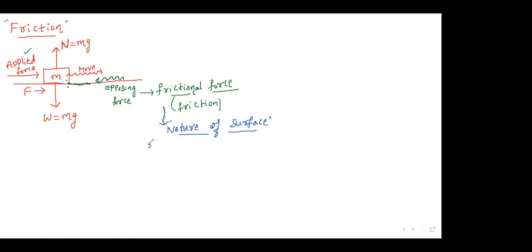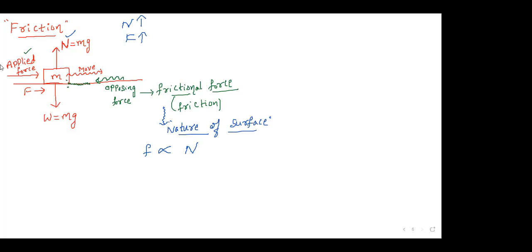And this frictional force is directly proportional to the normal reaction. If normal reaction is more, definitely you have to apply more force to move the body, isn't it?